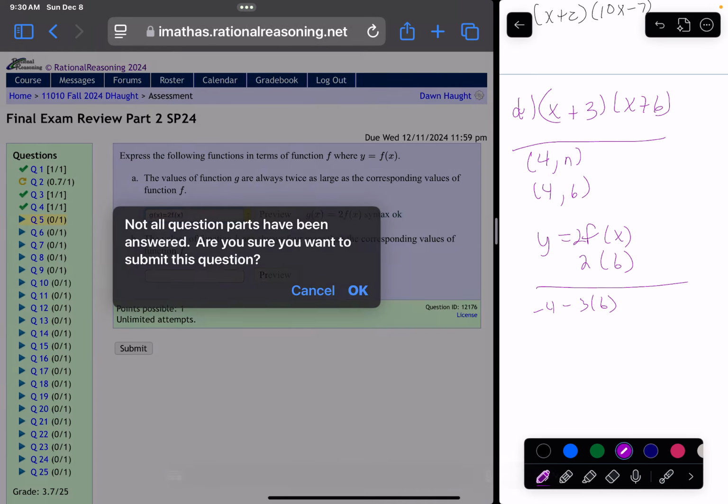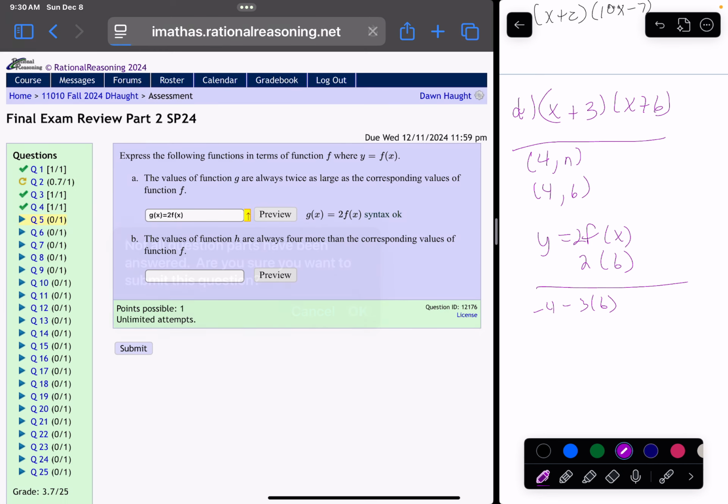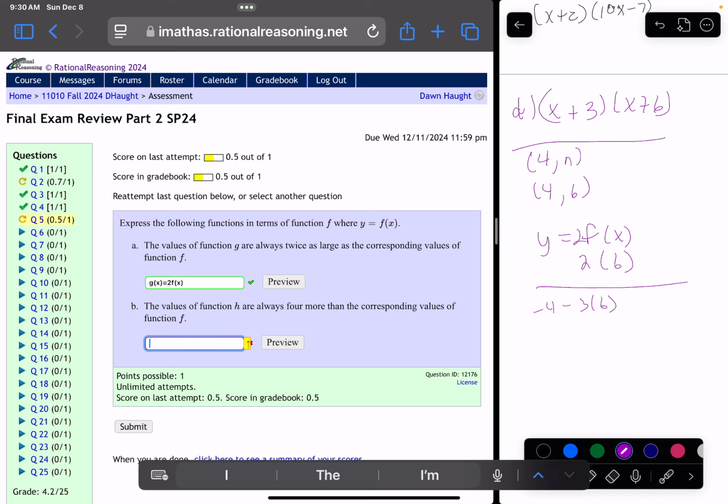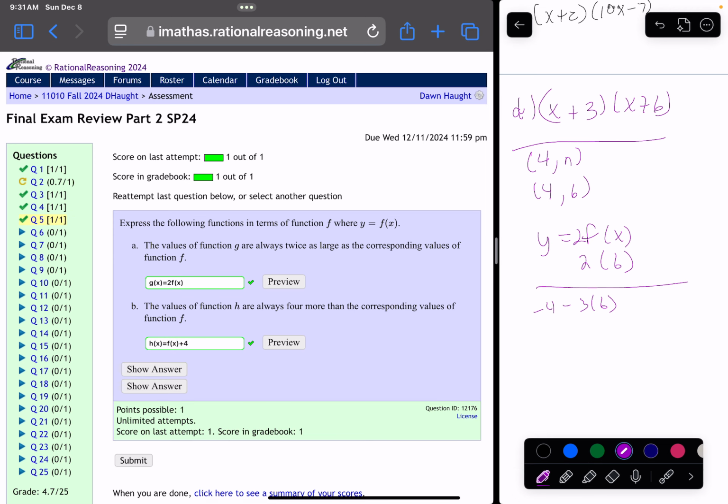And let's see. Okay, now we're using h. H is 4 more than. So h of x, we are going to take our f of x function and we're going to add 4. So again, these are things that are happening to the outside of our function, okay?